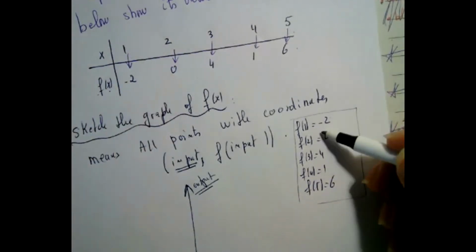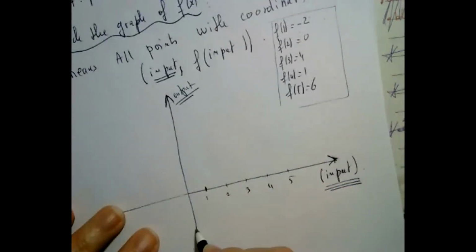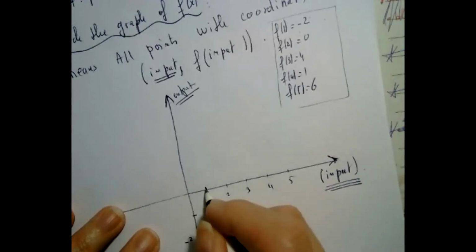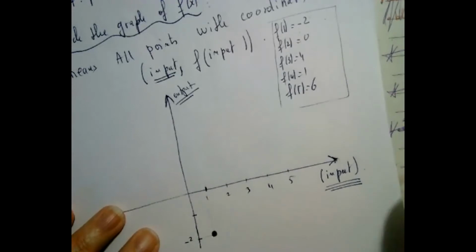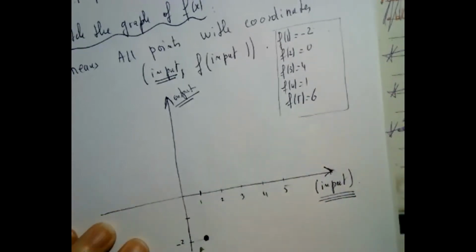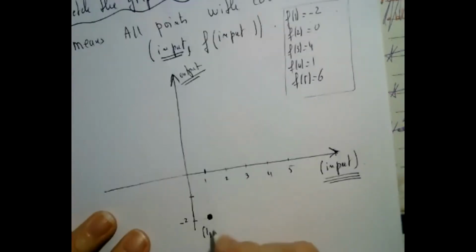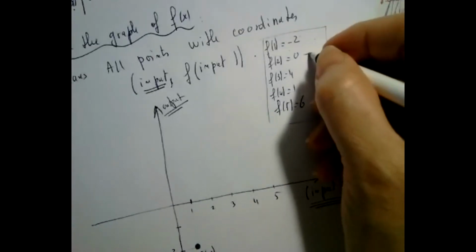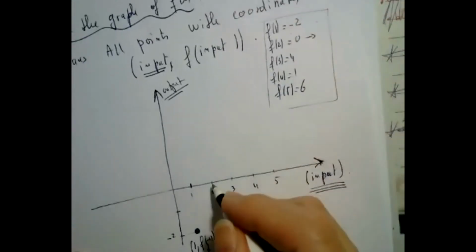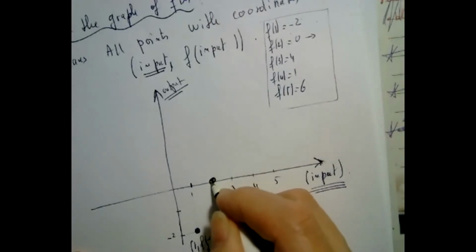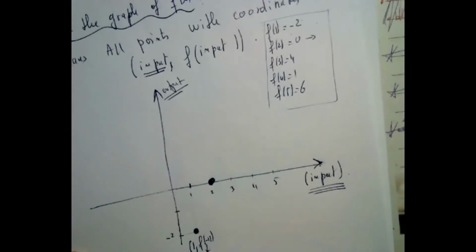So I'm going to sketch all those points. The output at 1 is -2, so this is my first point on the graph. This is 1, the input, and the output is f of 1, which is -2. The second point is 2, f of 2. f of 2 is 0. So that's my second point on the graph.